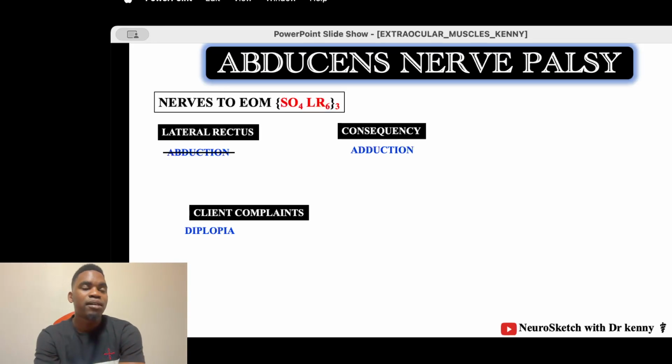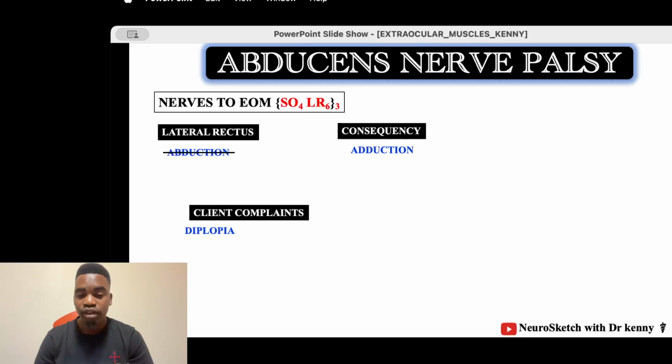And you remember that both eyes should be aligned toward the same object, toward the same optical axis. So when you have misalignment, it will result in double vision. Why double vision?